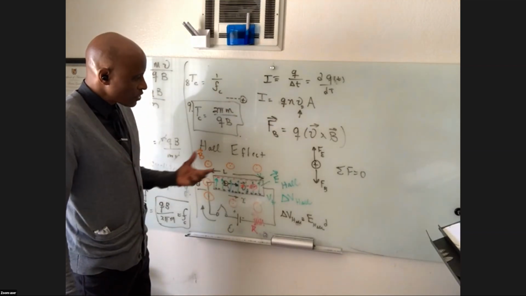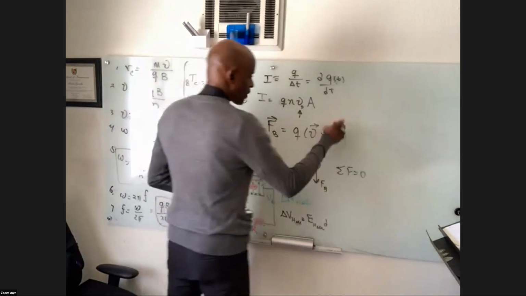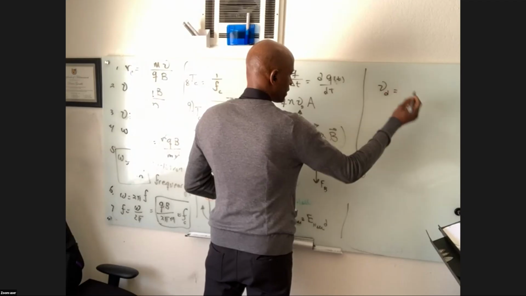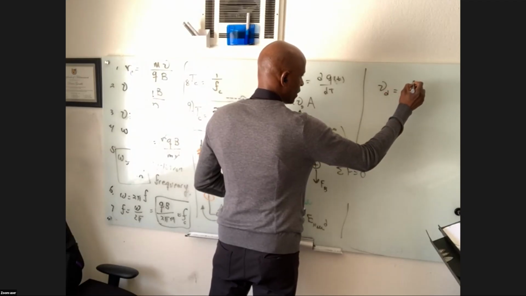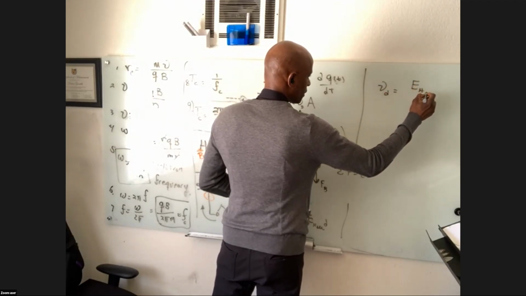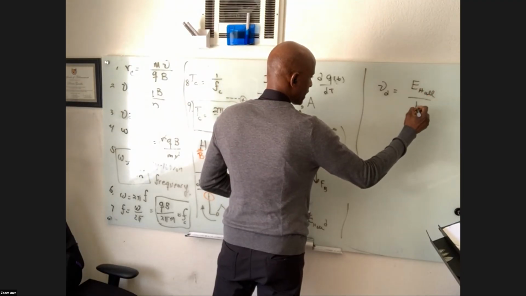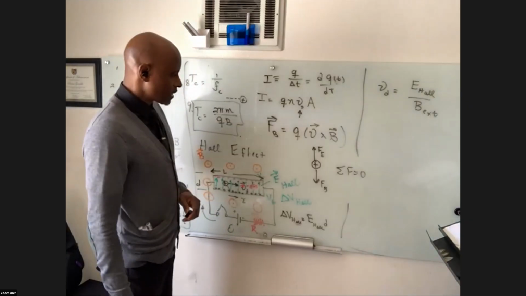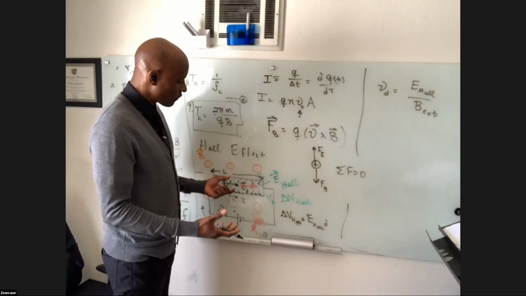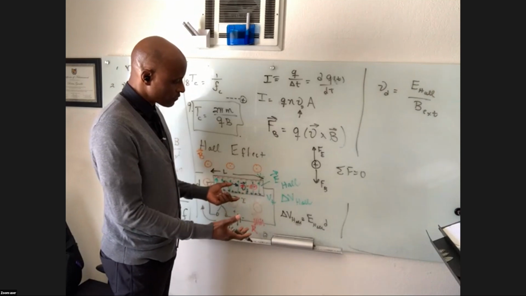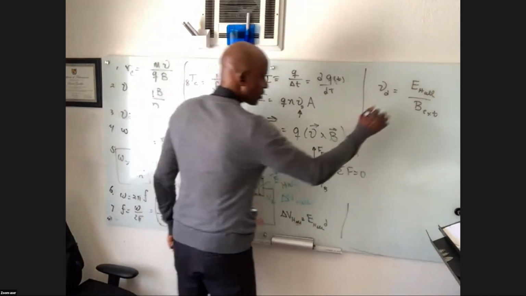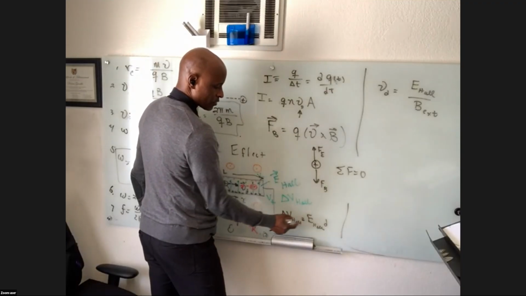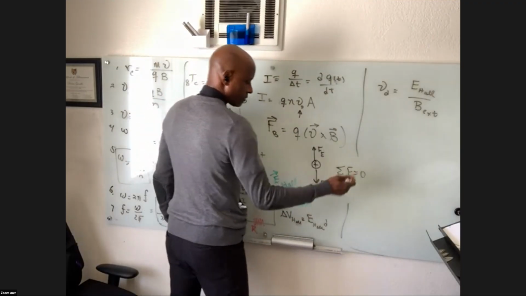We could just write down the result that the drift velocity associated with the current is going to be equal to the Hall field divided by the external magnetic field. But we wouldn't necessarily know the Hall field, right? You have to measure it. I didn't get an equation for it yet. But we know that electric field is equal to voltage divided by distance, by the width.